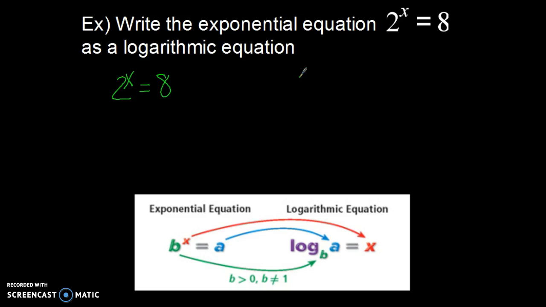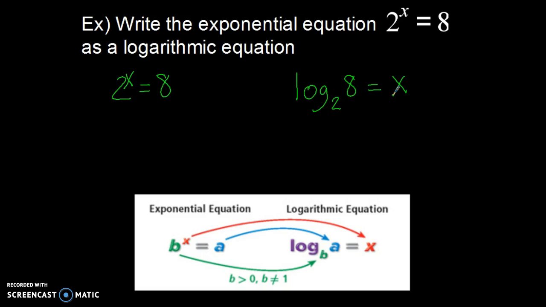So in logarithmic form, we're going to have log base 2. That b over here will be 2. A, from the right side of the equation, is 8. So we're going to be evaluating log base 2 of 8. And then it's equal to the exponent, which in this case was x.